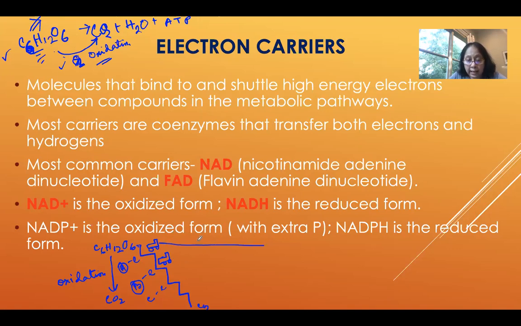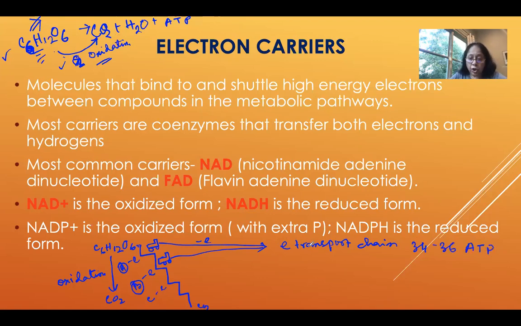They carry electrons to the electron transport chain, where by utilizing these electrons, the cell ultimately produces 34 to 36 ATP.